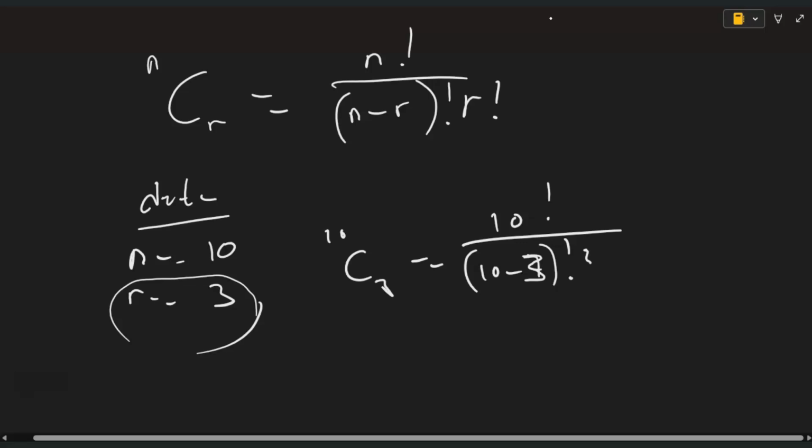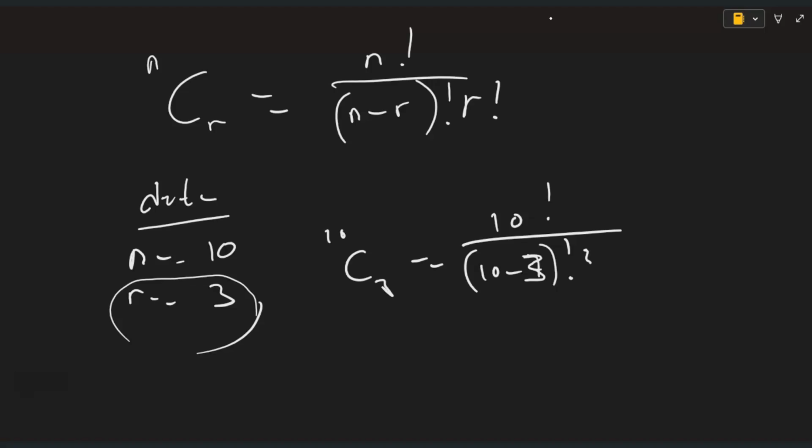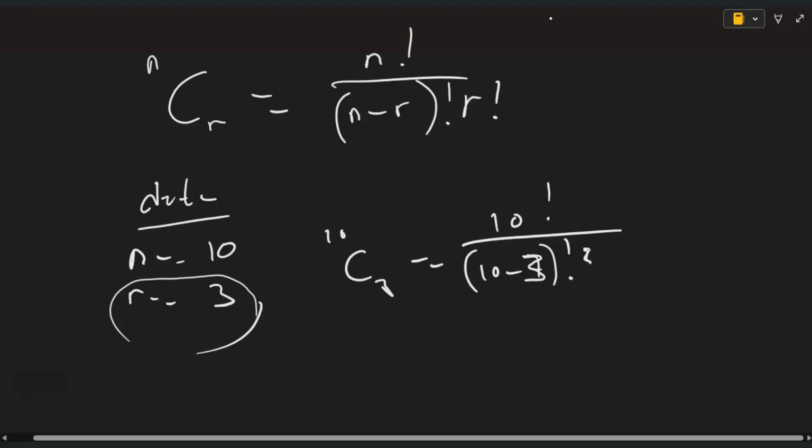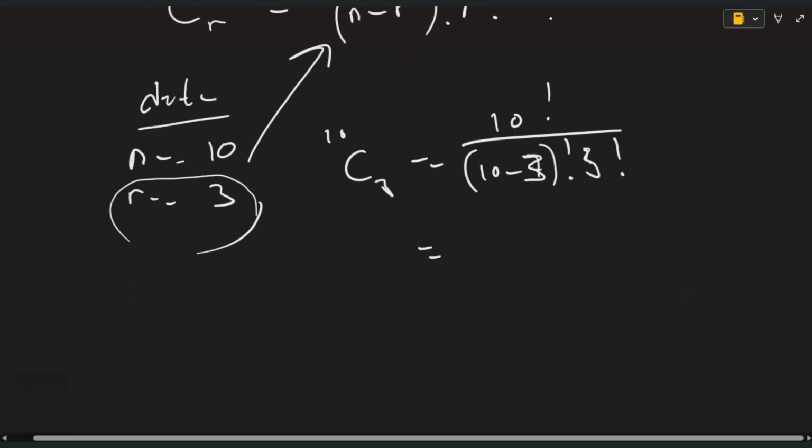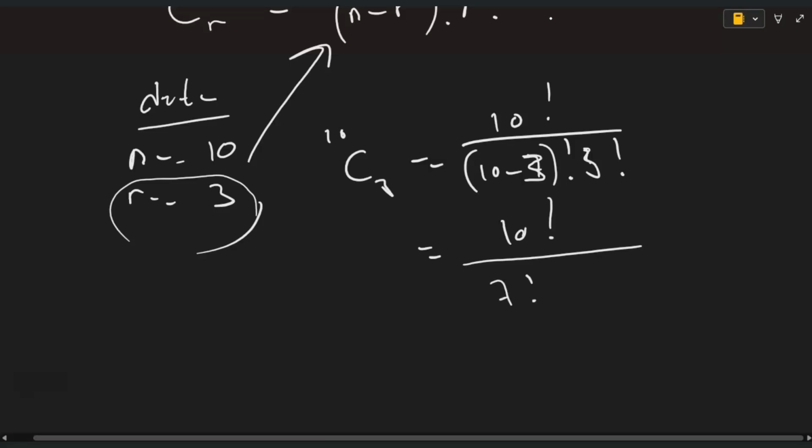Whatever I was thinking in my head, I was rushing to the answer. That's how the brain sometimes calculates in advance. So we have 3 factorial here. We've just taken these variables and replaced them in our formula. Then this will give us 10 factorial divided by 10 minus 3, which is 7, factorial, multiplied by 3 factorial.